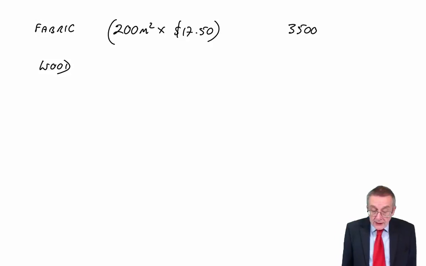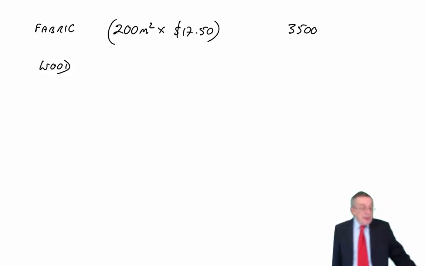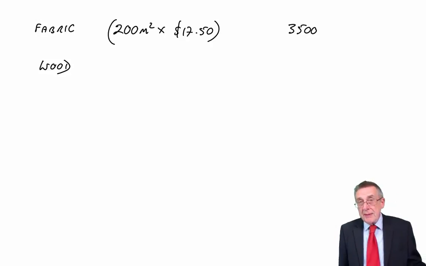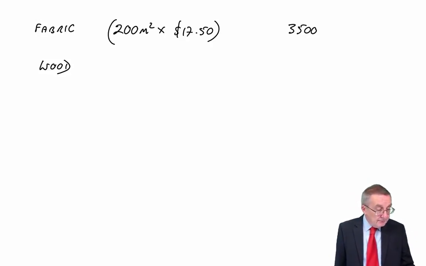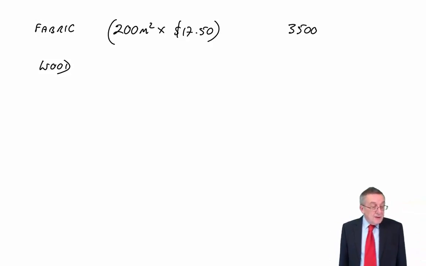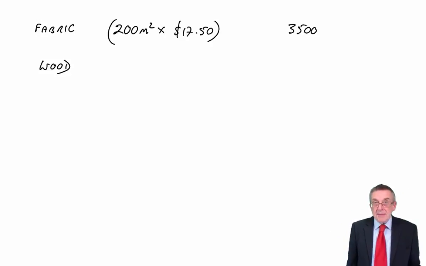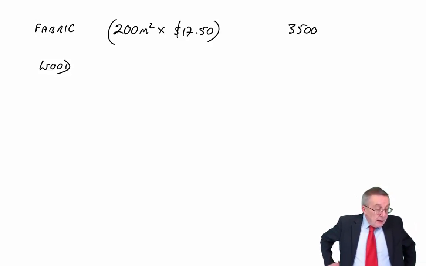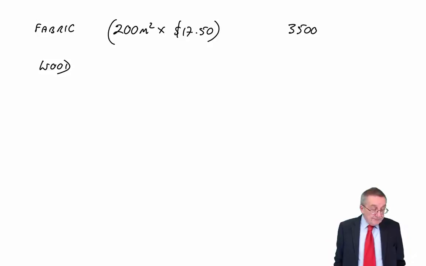Well, for the reasons I said for the fabric, because it's in regular use, we do need to replace these 50 square metres. Or 50 metres, sorry. Oh dear, the examiner's made a mistake. It says 50 metres at $8.20 per square metre. Anyway, we do need to replace those 50.